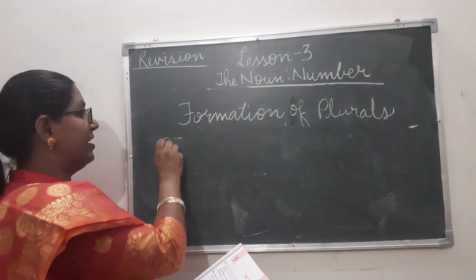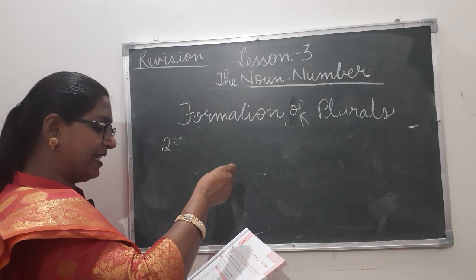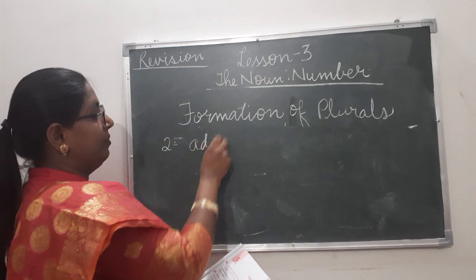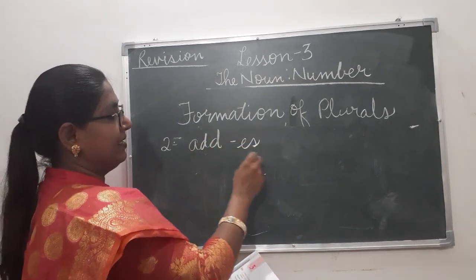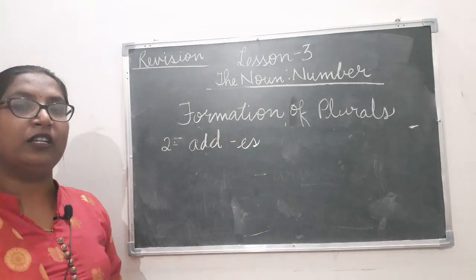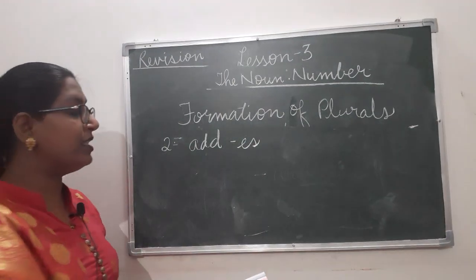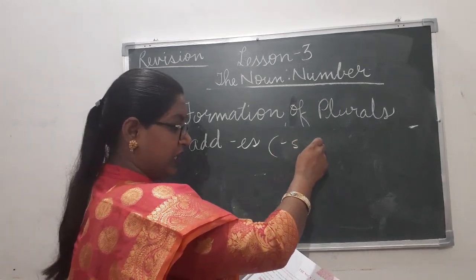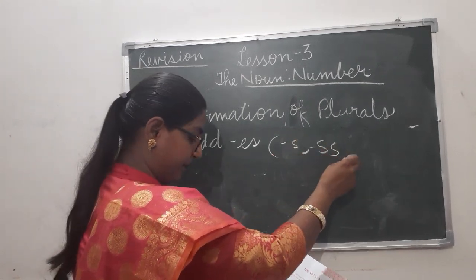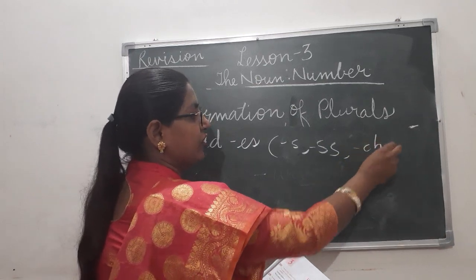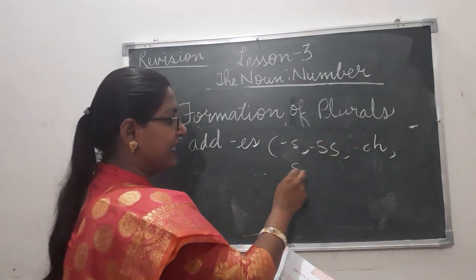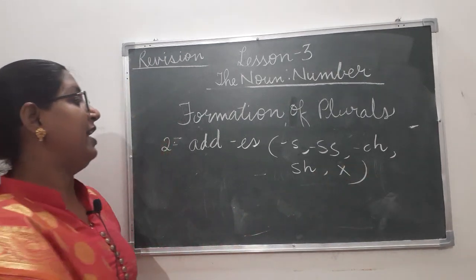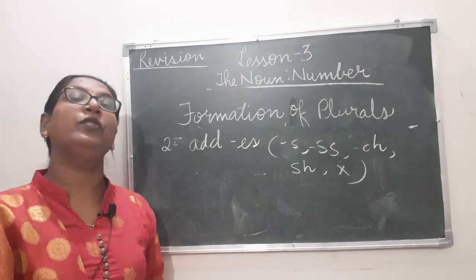The second rule is by adding es to the singular. My dear children, when nouns are ending in s, ss, ch, sh or x, we add es to make them plural.